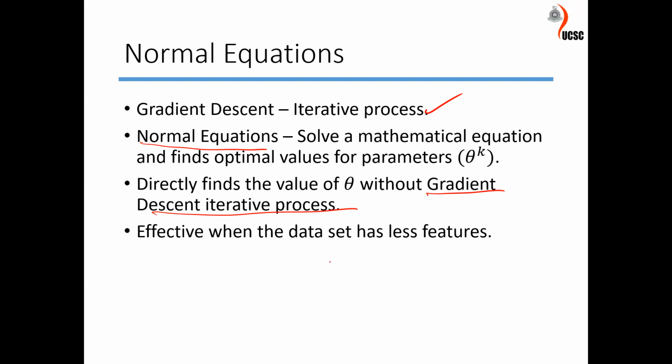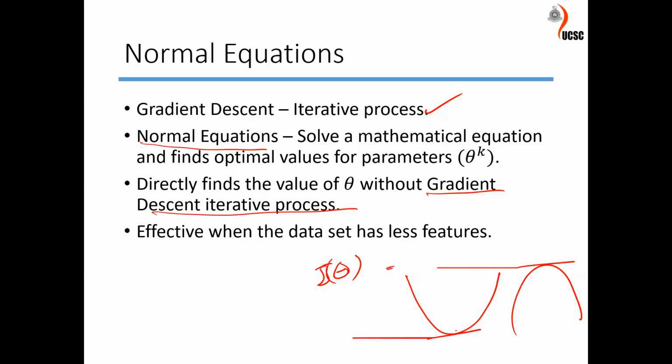As I said before, if you have a cost function something like this and you derive it, the theory is that the derivative will become zero at the maximum or at the minimum, right?